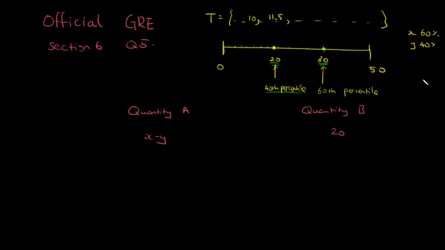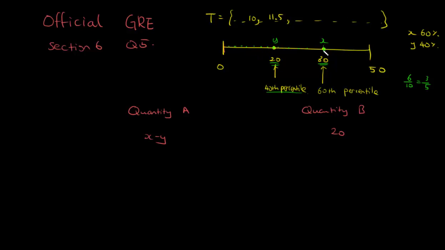Just as 6 out of 10 is the same as 3 out of 5, this is 30 out of 50. So it's easy to think that x is 30 and y is 20, because if y is 20, that's greater than 40% of all the numbers here. These are the 40% and these are the 60%.